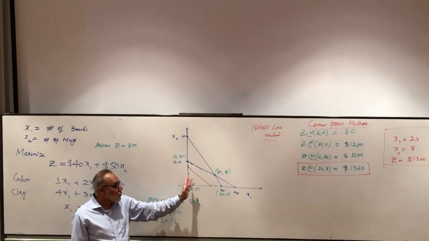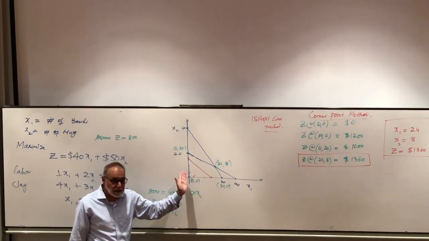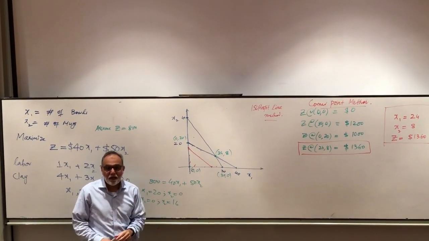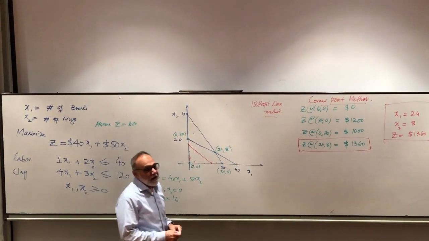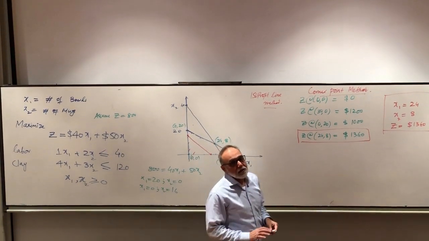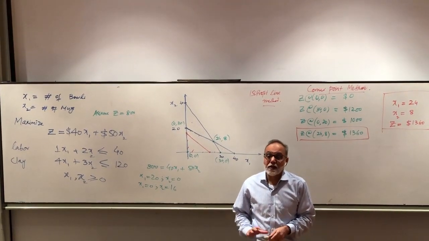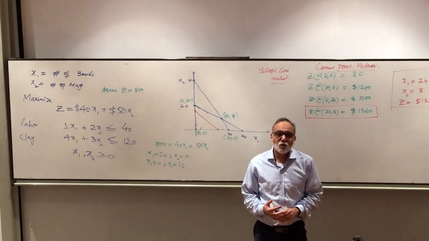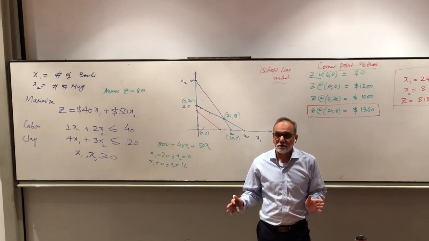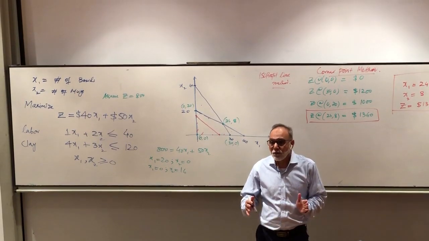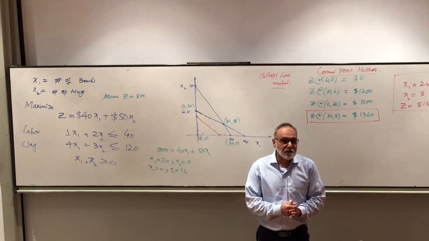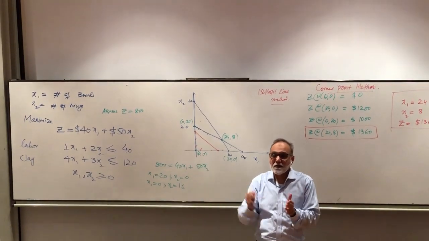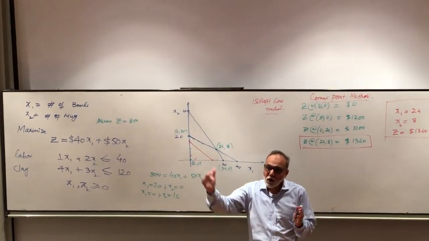Once you have drawn it, this is the graphical technique, then the theory says that the solution will lie on one of the extreme points. What you have to do is move to the extreme point. When you are maximizing the profit, you will go away from the origin. When you are minimizing the cost, you will move towards the origin.